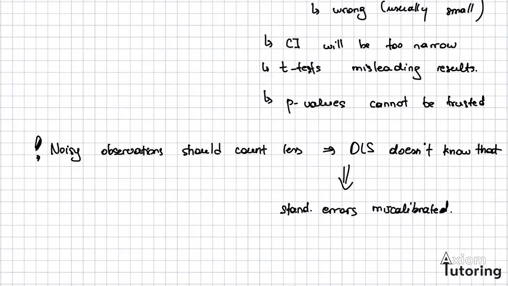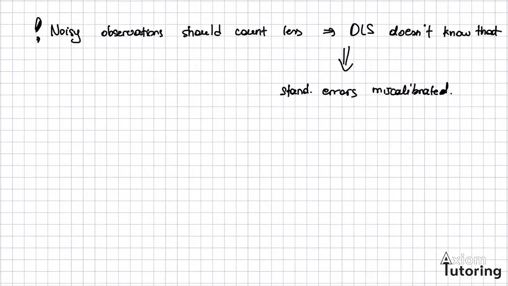So where does heteroskedasticity fit in the bigger picture in econometrics? We've now seen three distinct problems. With OVB, we have wrong coefficients, which means systematic bias in point estimates.